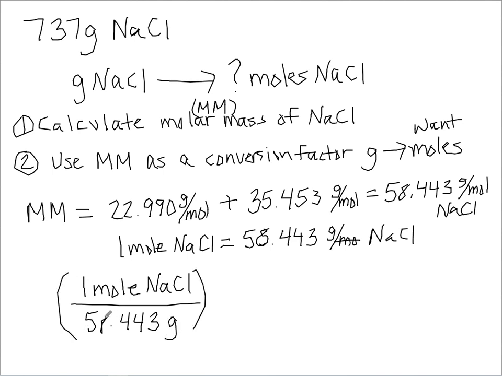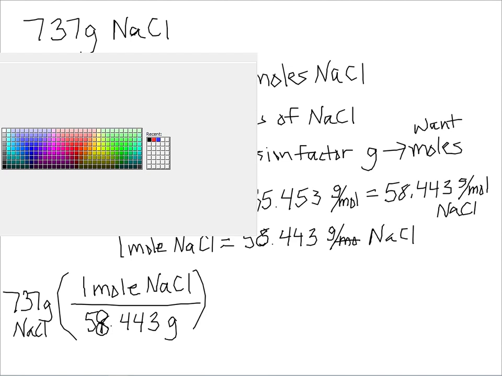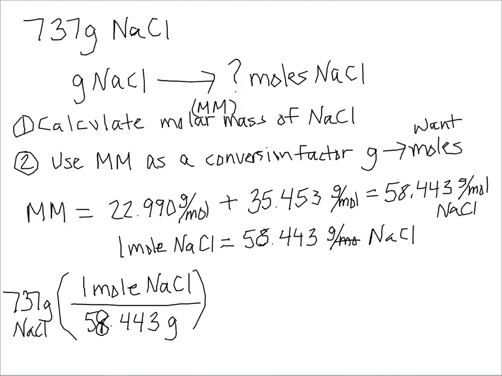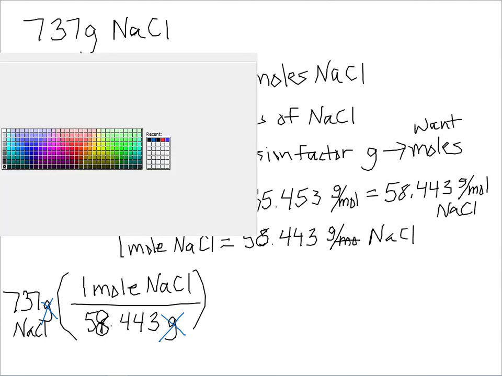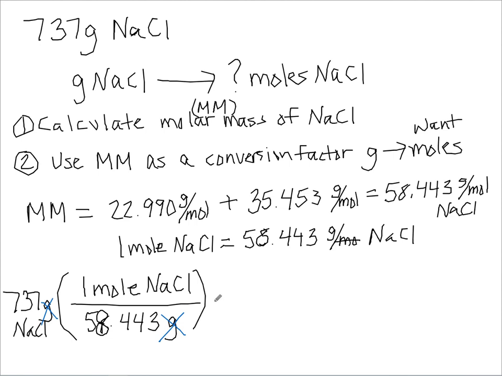That 8 is a little sad. I'm going to try to make it a bit better. There we go. You're going to take that conversion factor and multiply by your 737 grams of NaCl. Your grams cancel, so you should be left with moles.